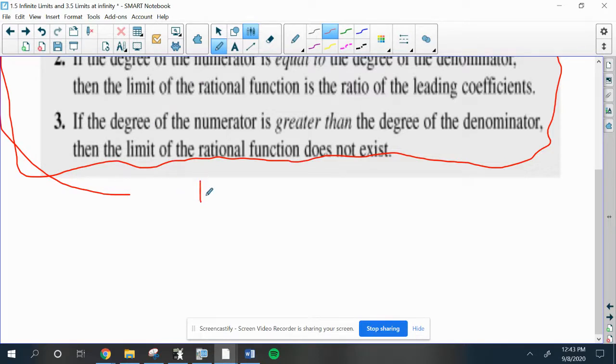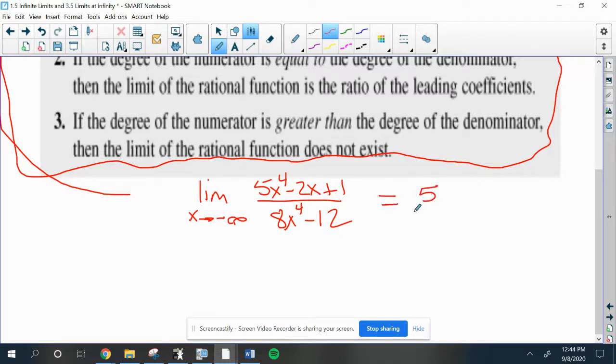So if I said, what's the limit as x goes to negative infinity of the function 5x to the fourth minus 2x plus 1 over 8x to the fourth minus 12? Well, you know this is really going to find a horizontal asymptote. Since the degree of the top and the bottom are the same, the ratio of the leading coefficients, 5/8, is the result of the limit.